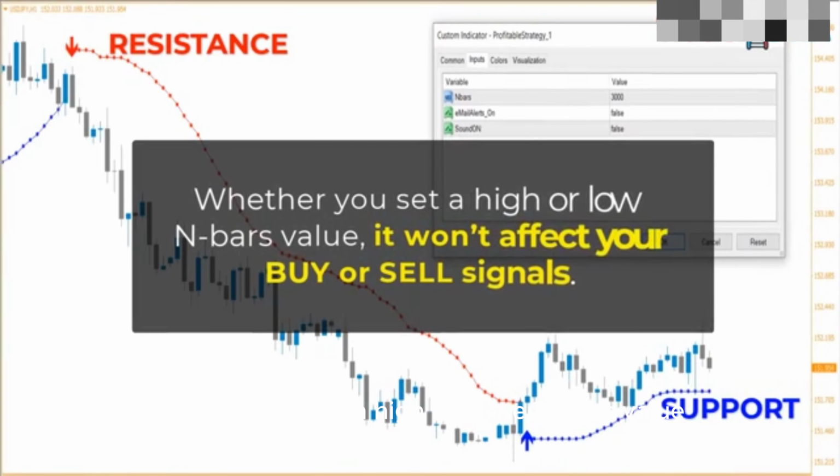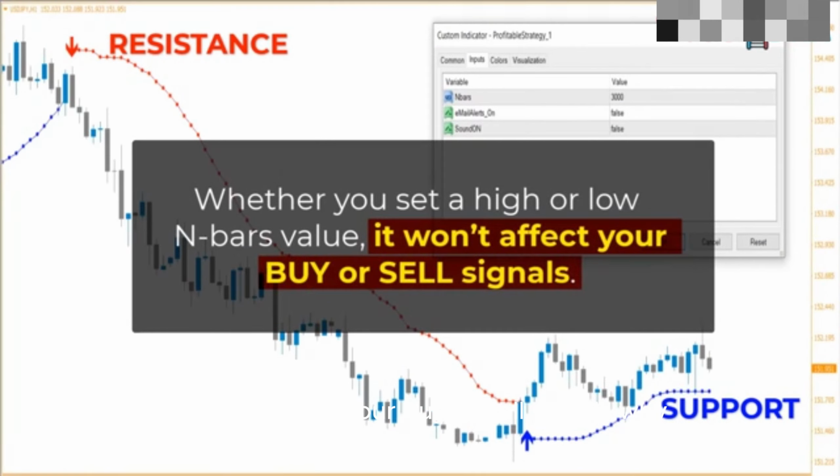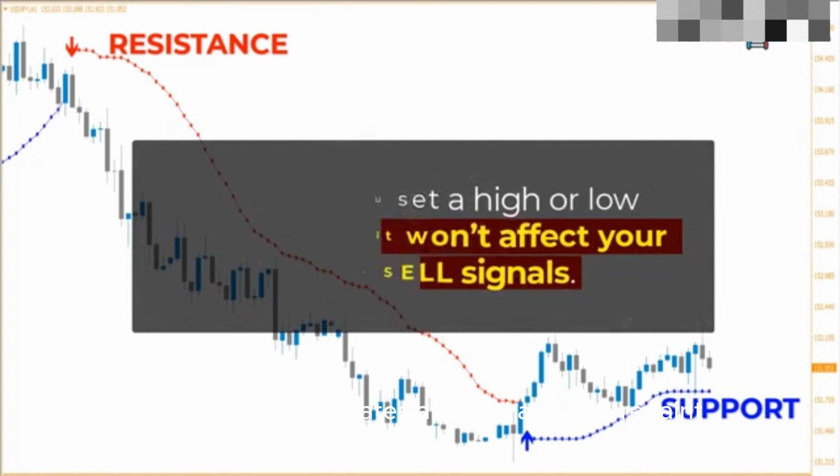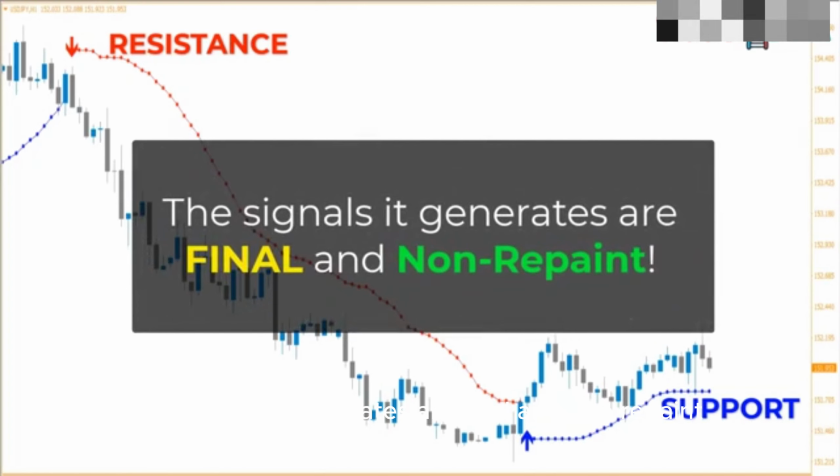Now, here's what I've discovered through my own experience. Whether you set a high or low N bars value, it won't affect your buy or sell signals. Why? Because this support and resistance framework is based on a fixed calculation formula, meaning it doesn't change. And here's the best part: the signals it generates are final and non-repaint. That means once a signal appears, it stays there. No misleading changes, no surprises.